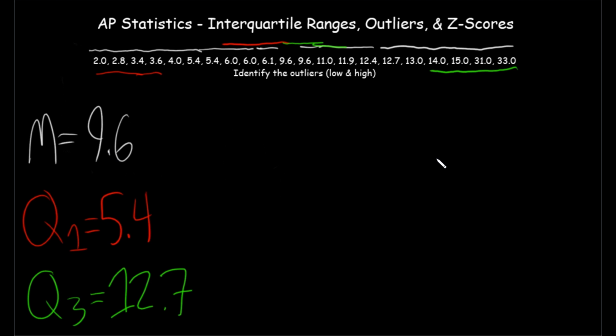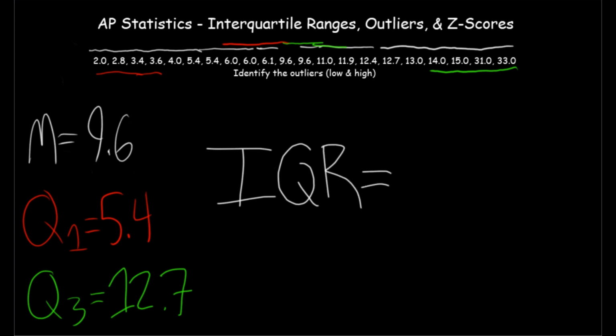Okay, so that's the quartiles, and now the interquartile range. I didn't even define that yet. Basically, you know how when we were calculating the range, we would just subtract the minimum from the maximum value in distributions, right? Well, here we're going to be subtracting the first quartile from the third quartile.